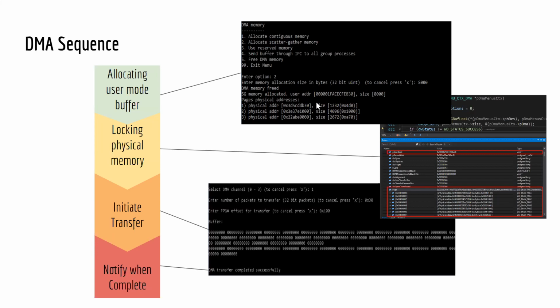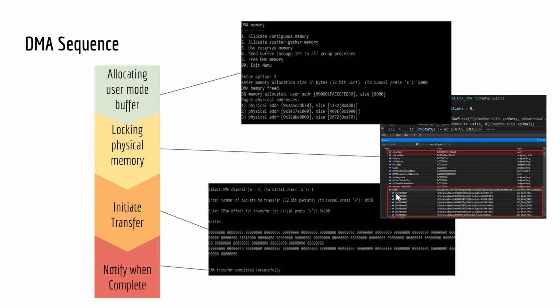You can choose to lock, and then we get from the operating system the addresses of the locked memory sections, of the allocated memory sections. The second part is to lock the physical memory. This is the user mode buffer, and then we get the physical memory locked. We can see that this is a scatter gather DMA type because we have multiple pages.